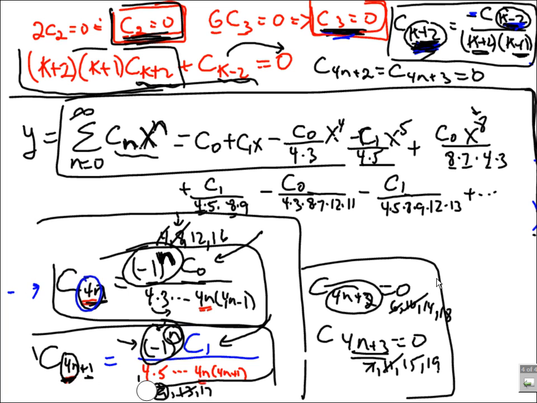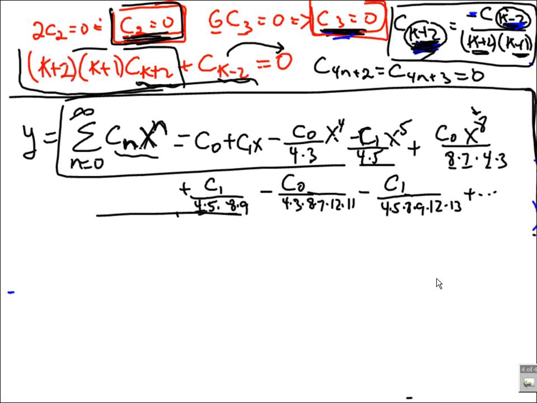Now, the one last thing I want to do is split this up into two sums. The part that has C1 terms and not C0 terms. For C0, I can factor it out.